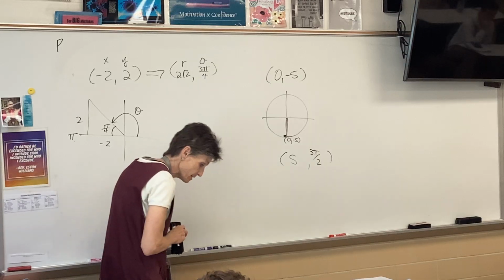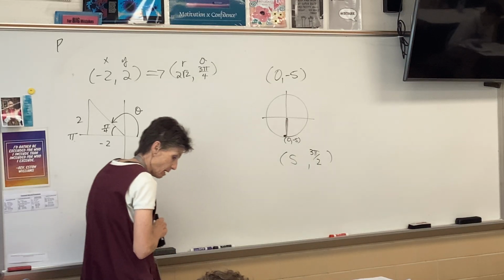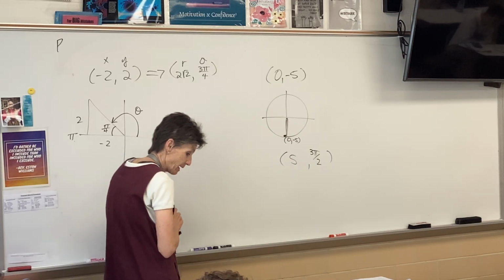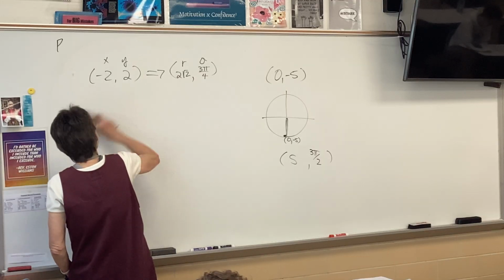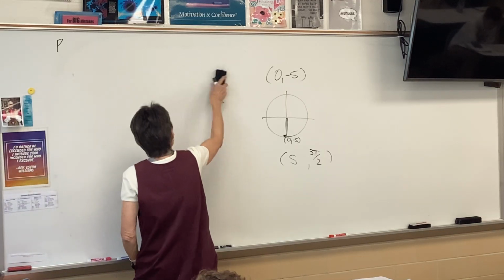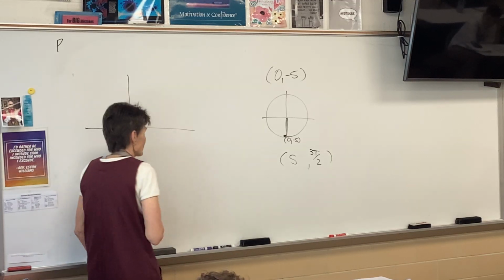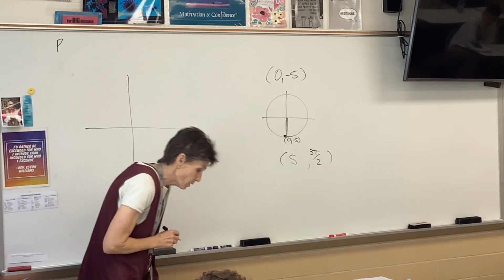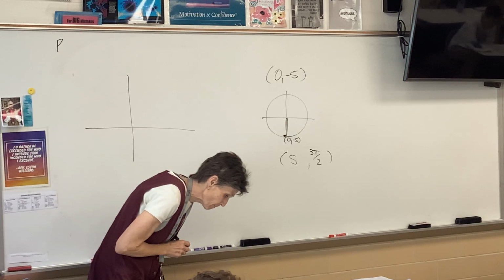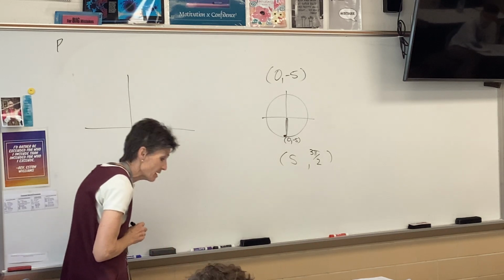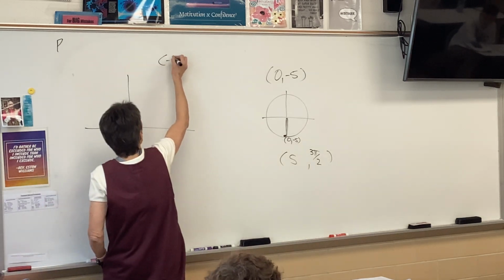It says the complex number is represented by a point in the complex plane. I can't remember if we did this back in unit 1 or not, but let's talk about it for a second. The point is -2, -2.